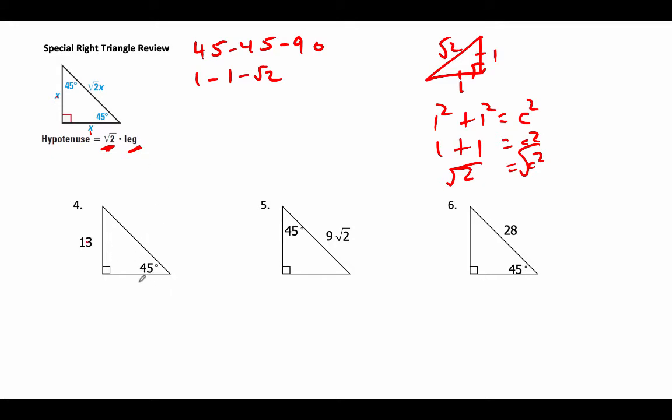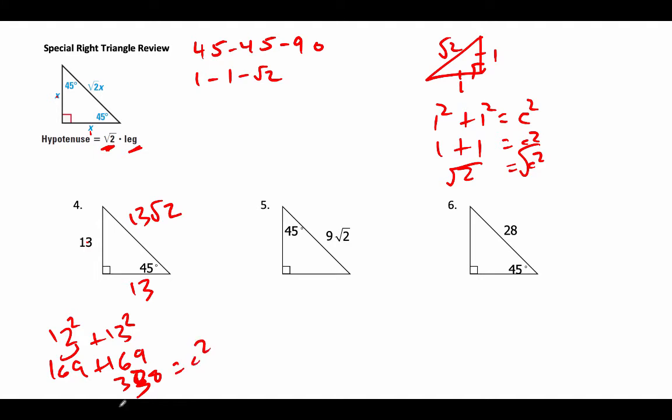If my leg is 13, my other leg is 13, this is 13 times the square root of 2. It checks out too, because if you do 13 squared plus 13 squared, 169 plus 169, I end up with 338.